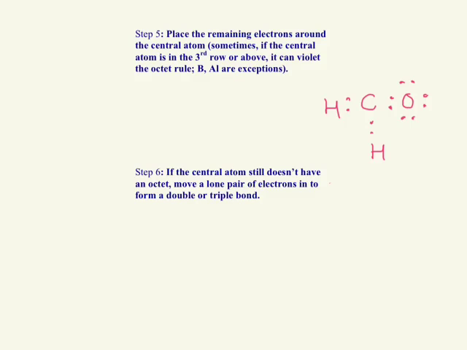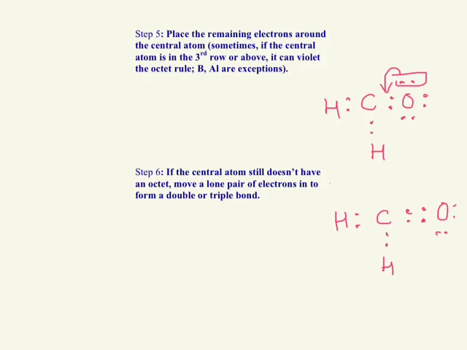So you can use these lone pair electrons and move them in here to form a double bond. Let's look at this. What if we do that? We already have 2, we move 2 more here, and we have this situation now.